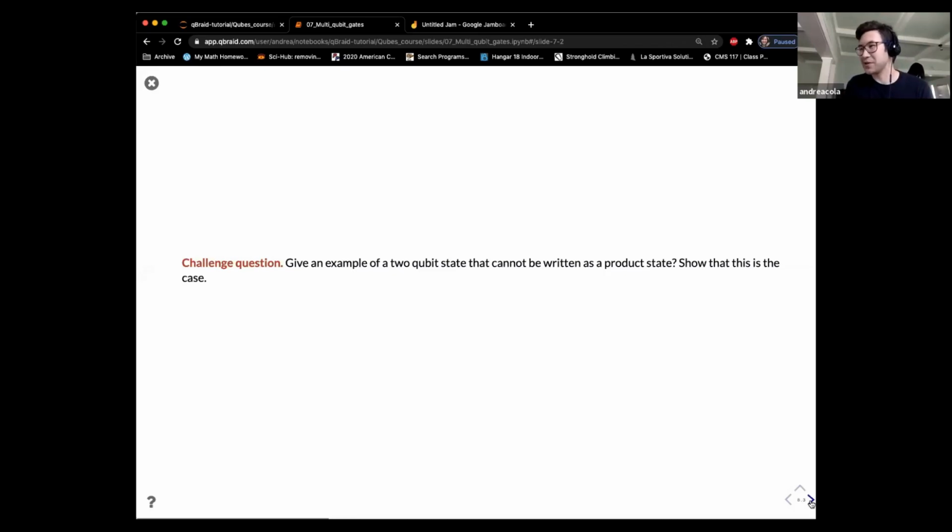It is not an easy question to come up with such a state, even though remarkably, the overwhelming majority of states that you can write down will actually be entangled and not product states. So if we took 4 random coefficients, such that this 4-dimensional vector has norm 1, it will, with overwhelming probability, be an entangled state. So product states are actually very few.